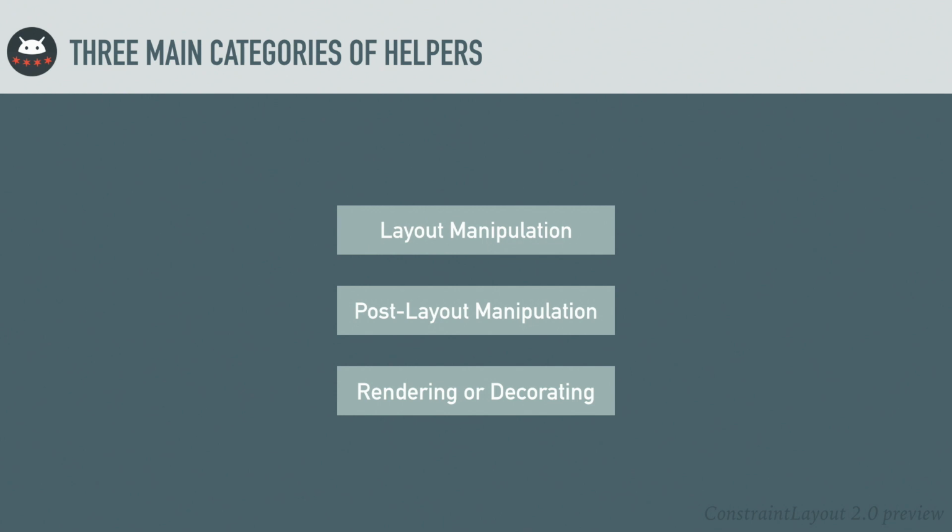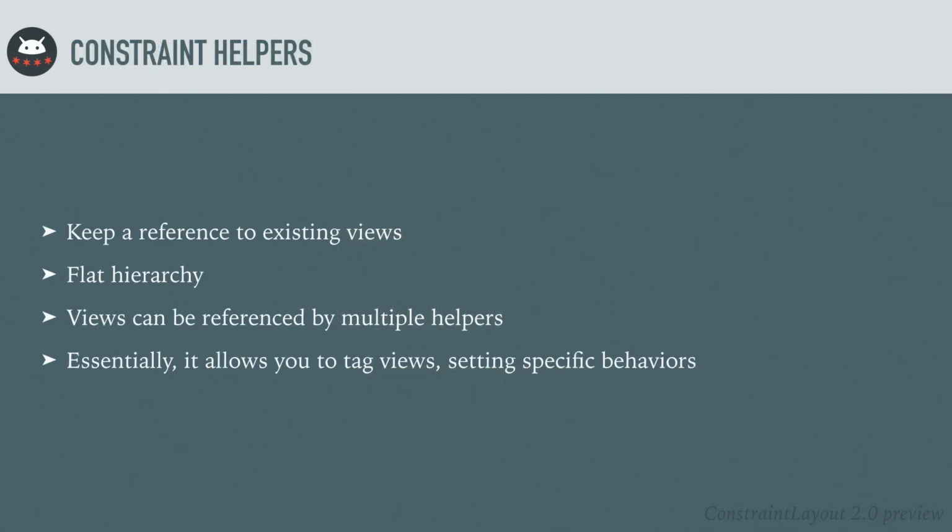And finally, you may have some helpers that will do some stuff rendering-wise. So the concept of helper here is that it should be something that keeps reference to views. It's essentially a way of setting a collection, right? And then your helper has a list of views that it can work with.